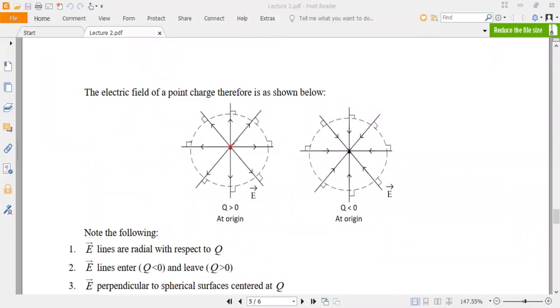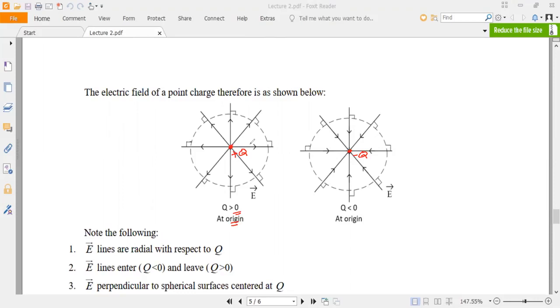This is my charge plus Q, and this is my charge minus Q. If I have a charge of plus Q placed in space, where Q is greater than 0, and suppose I place it at the origin, then its electric field will be radial. So now think from the spherical coordinates point of view.